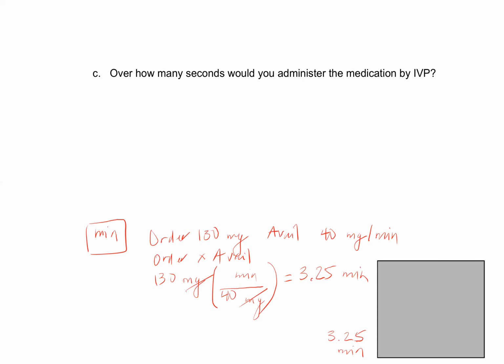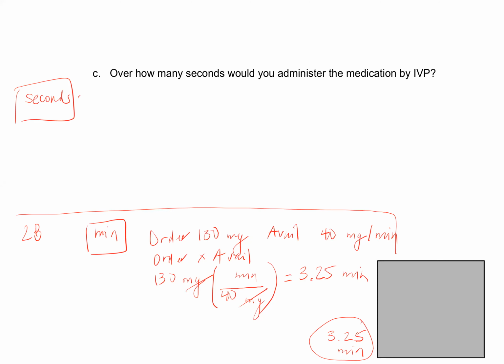2C is now asking over how many seconds would you administer the medication by IV push? And so this is our answer for 2B down here. And so we're left with 3.25 minutes. So your units that you're looking for are in seconds. Your order is 3.25 minutes. What you have available is 60 seconds in 1 minute.